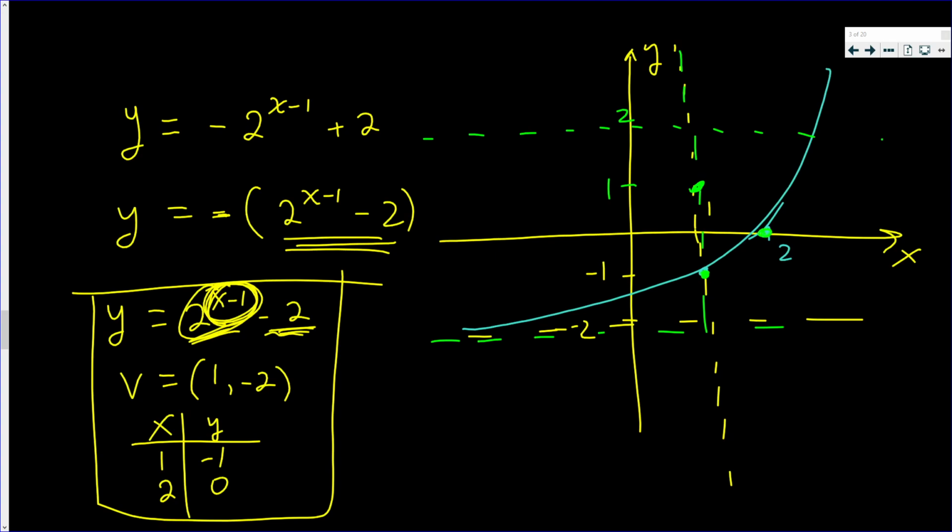And it's even going to cross that point right there. There's the graph. The green graph is the graph of y equals negative 2 to the x minus 1, plus 2.